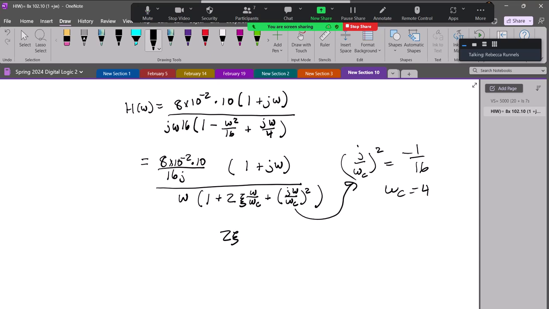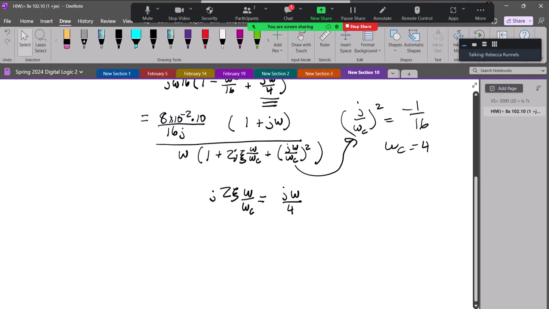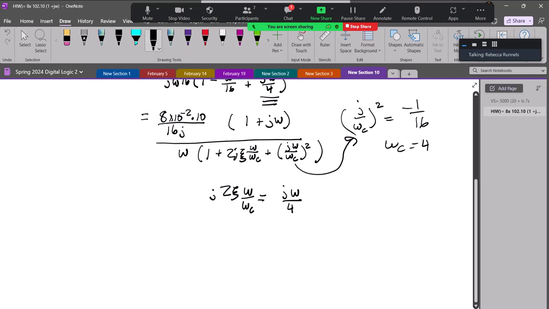And then 2 xi omega over omega c equals, that's this term right here, j omega over 4.